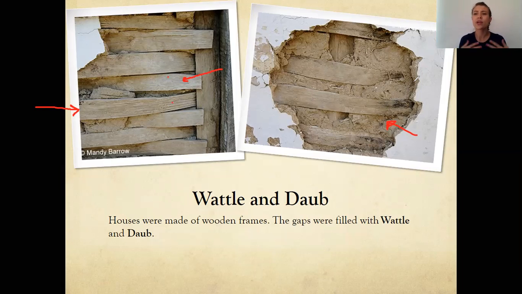This is something we already know because the Celtic round house and the Tudor homes both used wood and daub to fill between wooden frames. The wood and daub was made of clay, animal dung, and other natural materials.